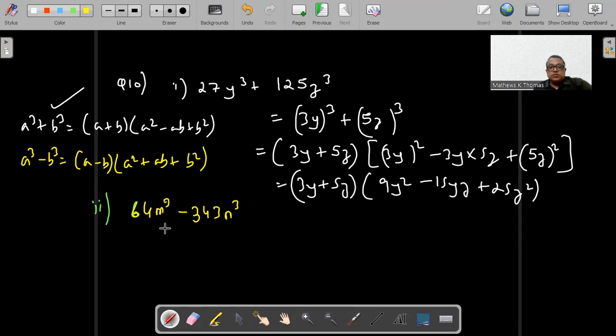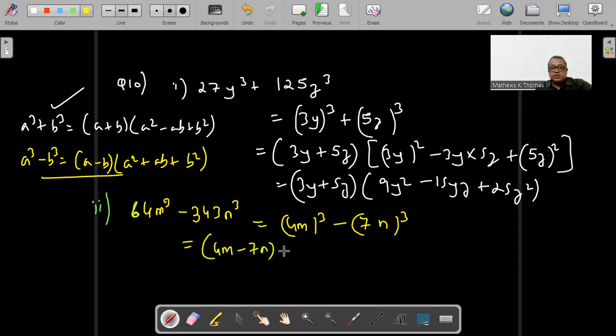Now, 64 we can write as 4m whole cube, and 343 is the cube of 7. 7 sevens are 49. 49 into 7, 343. So I will write this as 7n whole cube. Now I am going to use this identity. So a cube minus b cube is a minus b in the first bracket. Second bracket, a square. Okay, that is 4m whole square.